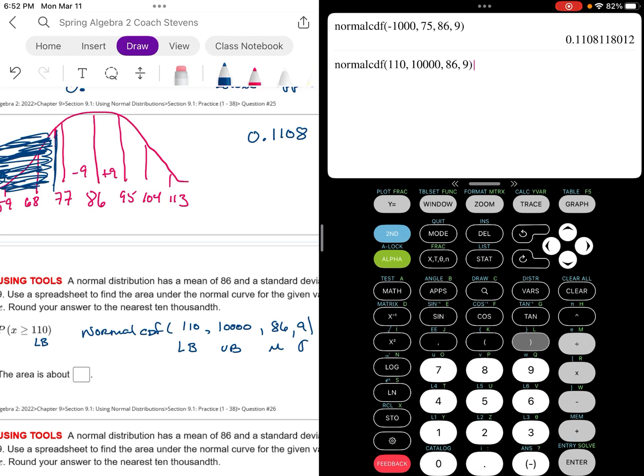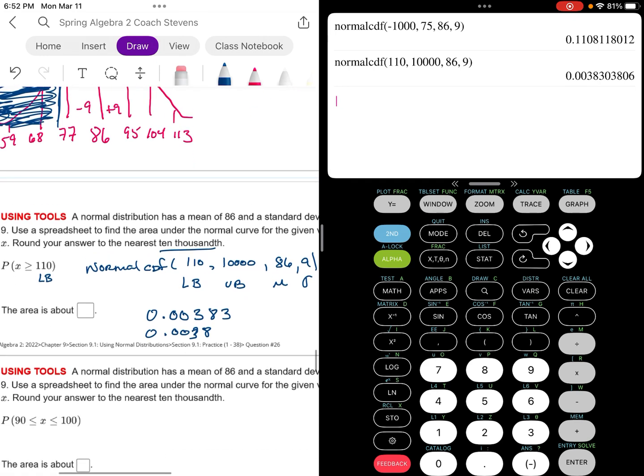You can hit the parenthesis if you want to get out of it, and then hit enter. And this tells me that I have a probability of 0.0038 of that happening. Round to four decimal places. The 3 doesn't make a change, so it rounds to 0.0038.